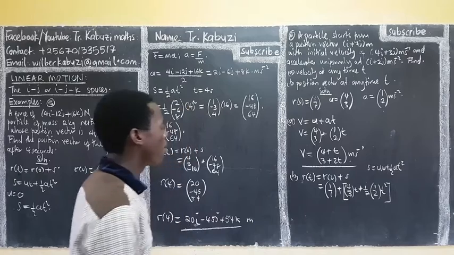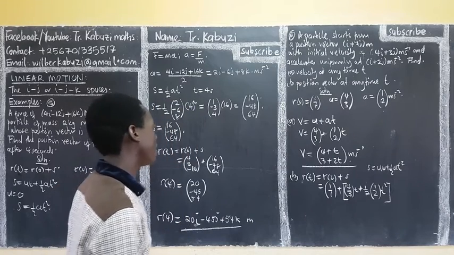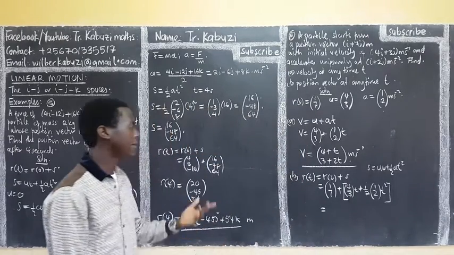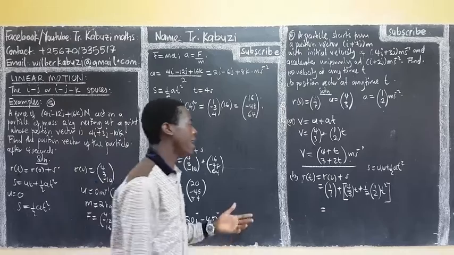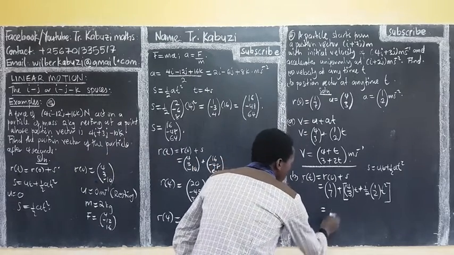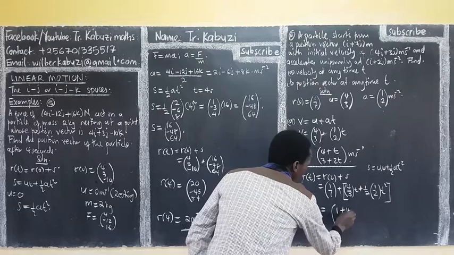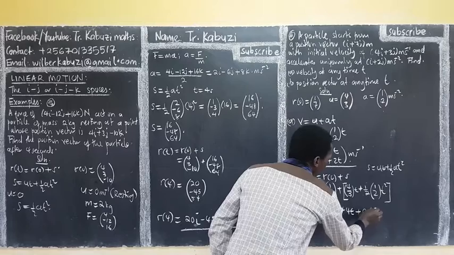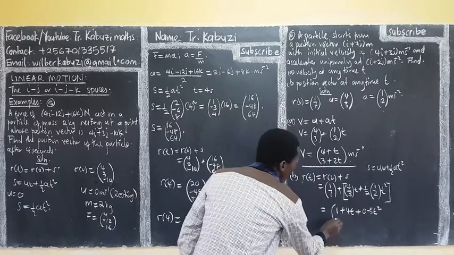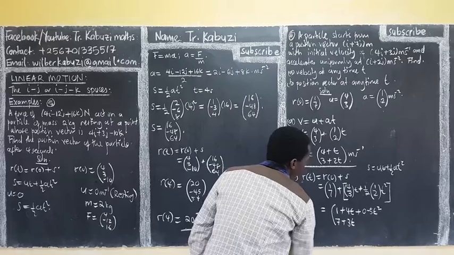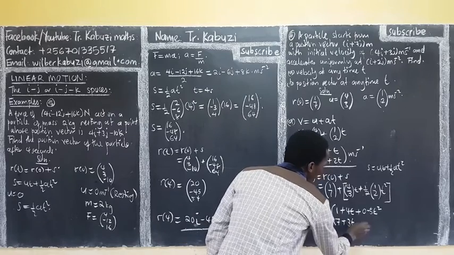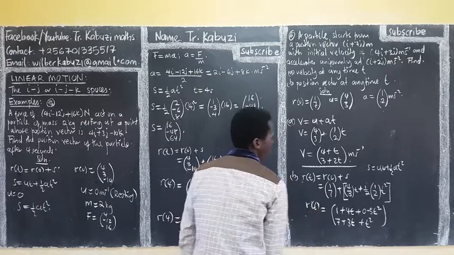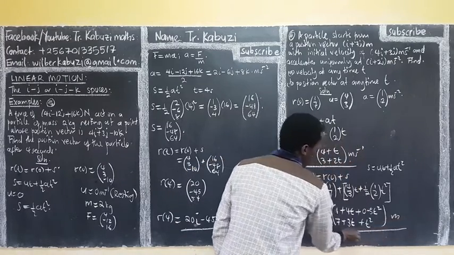You can complete from there. You leave your t at any time t. So this is going to be 1 plus 4t plus 0.5t squared, then 7 plus 3t plus t squared. This is our position at any time, and leave it in meters.